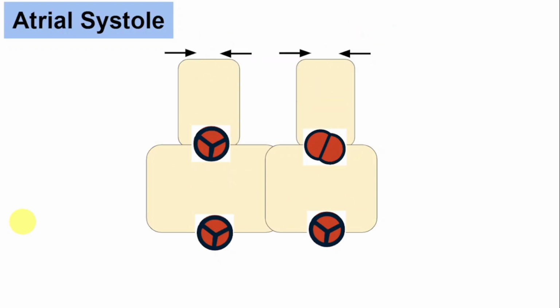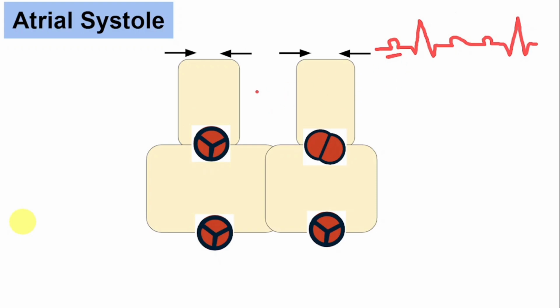Then the next step will be atrial systole. If you remember the ECG, this is the ECG I have shown to compare the events. When the SA node fires an action potential, it causes depolarization of the atrium.